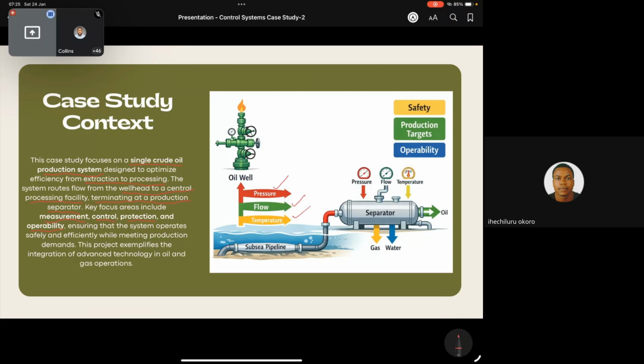They have to measure that. They have to measure everything that has to do with this pipeline. So in this example, this is a subsea pipeline, that is, it is buried underwater. I mean, in other situations, you have the pipeline on land.